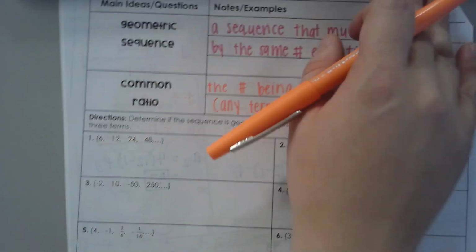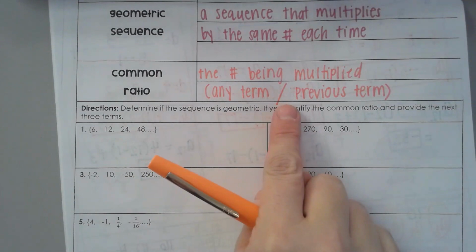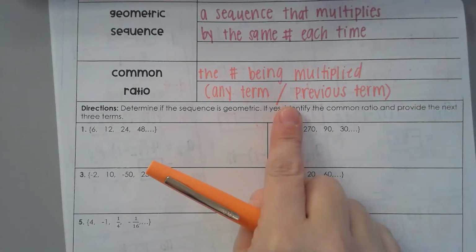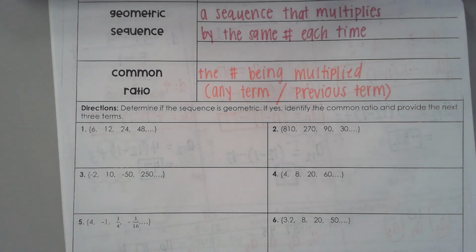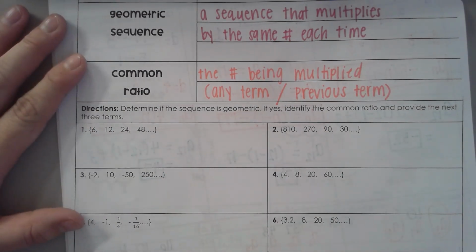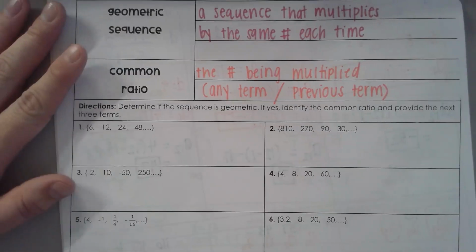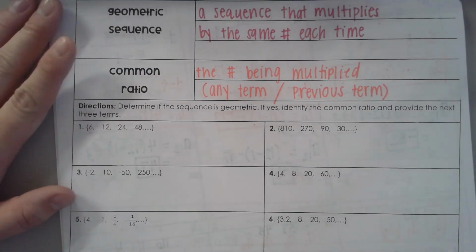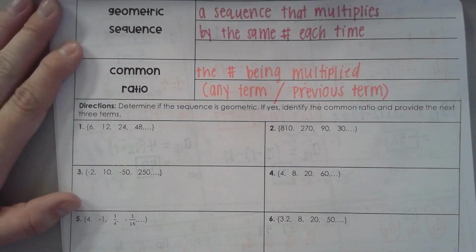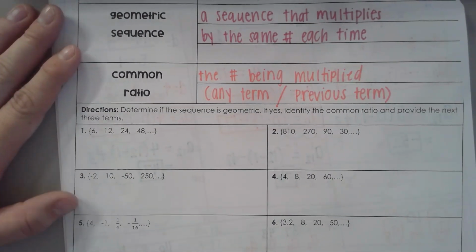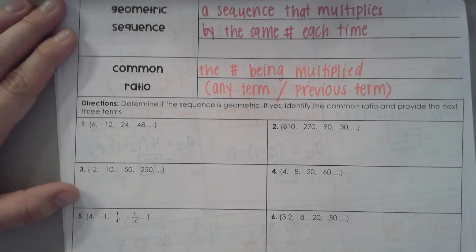And it's smart, instead of actually using the divide key, go ahead and put it in as a fraction. So the one term on top, the previous term on bottom. That way, if your ratio is a fraction, it'll give it to you as a fraction and not as like a 3.333333333. Because if that's the case, I don't want you rounding. I want it as a fraction.